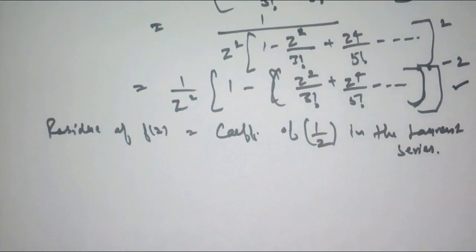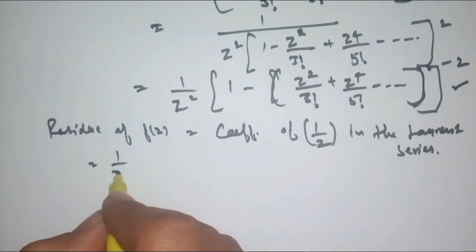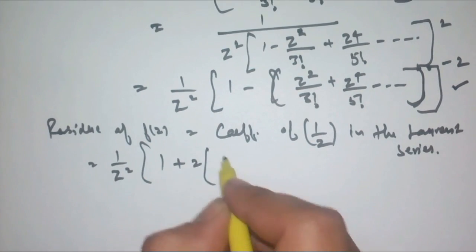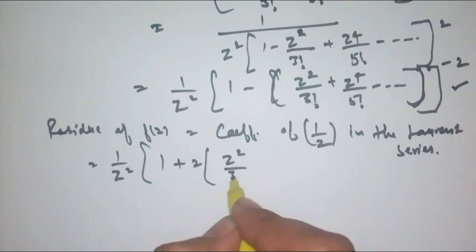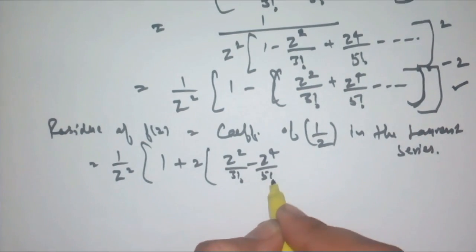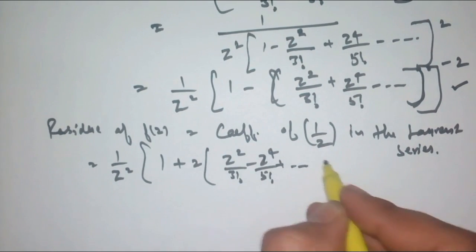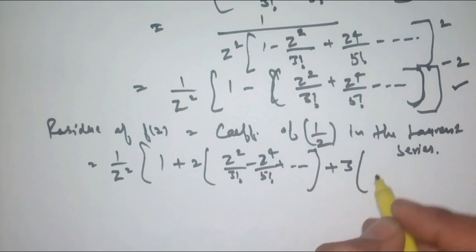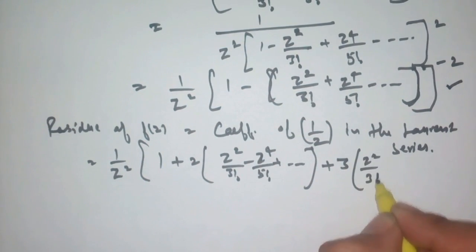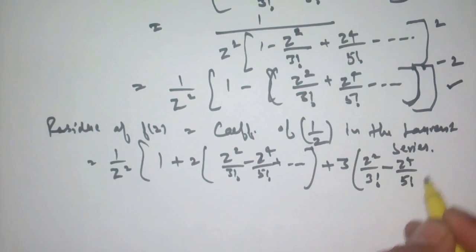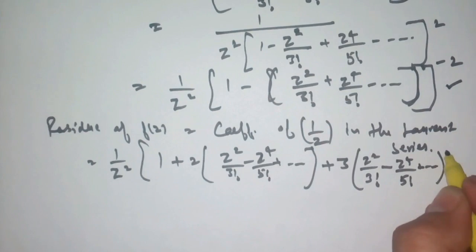Now this can be written as 1 upon z square times 1 plus 2 z square upon 3 factorial minus z4 upon 5 factorial plus so on, plus 3 z square upon 3 factorial minus z4 upon 5 factorial plus so on.